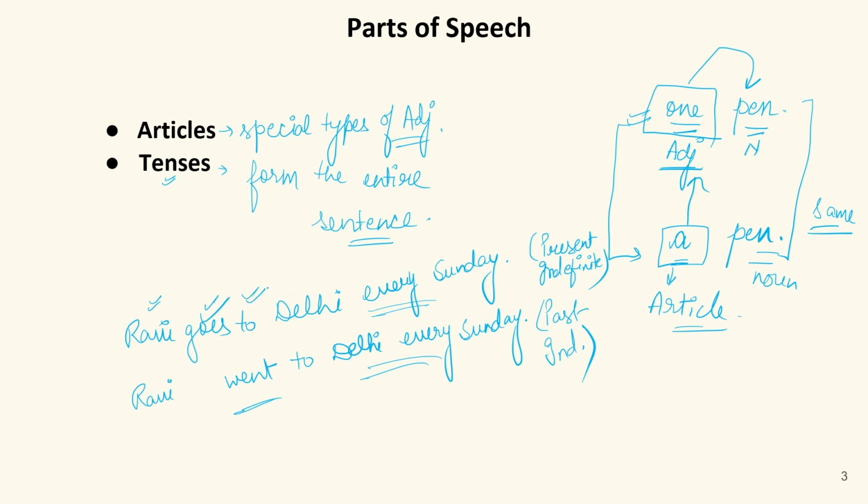To is not a tense. In fact, the entire sentence states the form of tense. That is why tenses are not included in the parts of speech. Now, I hope all these concepts are clear to you. Now, let's do some exercise, or let's do practice.